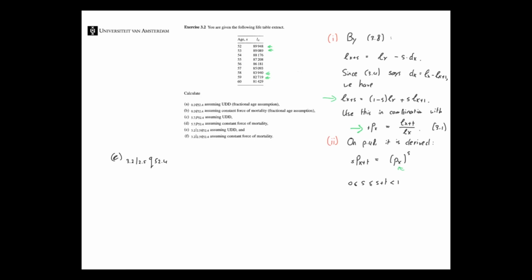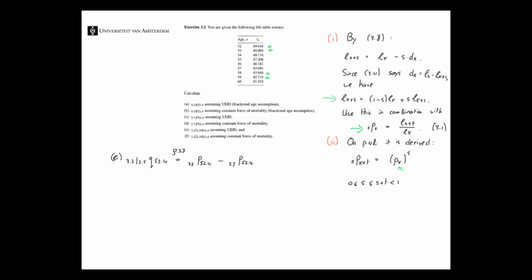Now on page 27 of the book, we know that we can rewrite this in terms of survival probabilities as follows. So we are aged 52.4, and we have to survive at least 3.2 more years, but we cannot survive too long, because we have to die in the subsequent 2.5 years. 3.2 plus 2.5 is 5.7.